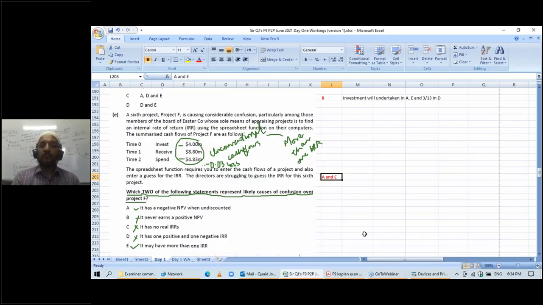These two are creating confusion as to the decision based on internal rate of return. Okay, students, that's question number 3. Let's move on to question number 4 now.